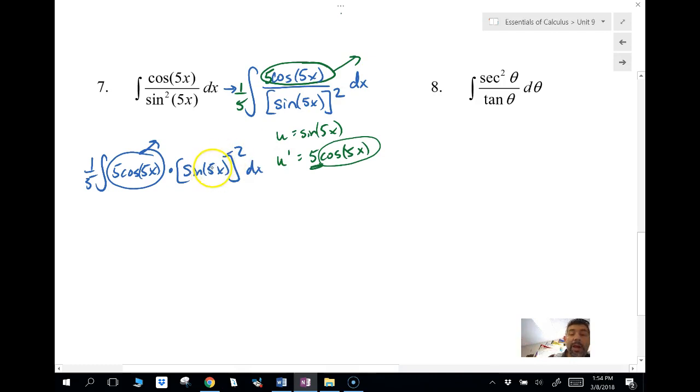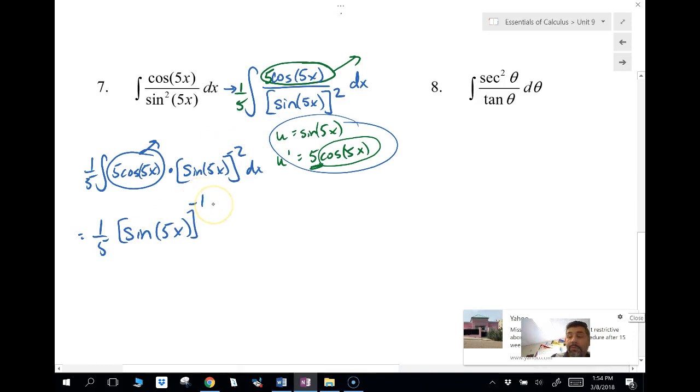And now I'm going to just do the power rule because I already know this is a reverse chain rule. So I'm going to do 1/5, and the power rule here for integrals, I'm going to have sine of 5x raised to the, we're going to add 1, so negative 1, divided by negative 1 plus c.